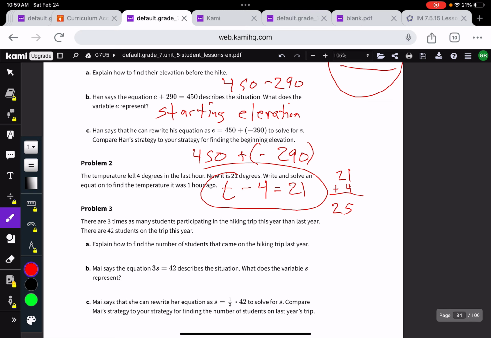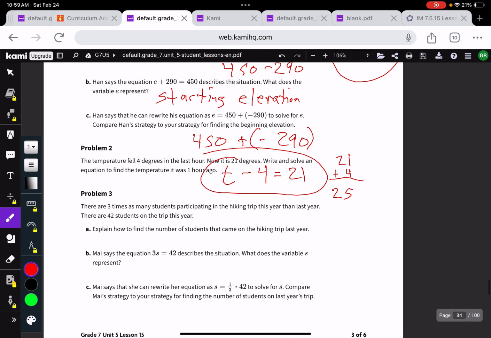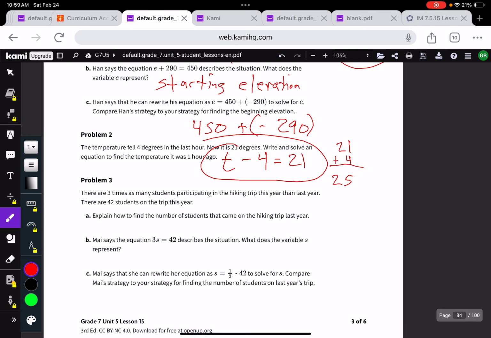Problem 3, there are 3 times as many students participating in the hiking trip this year than last year. There are 42 students on the trip this year. Explain how to find the number of students that came on the hiking trip last year.